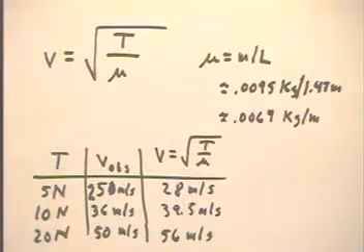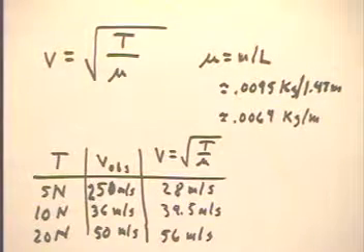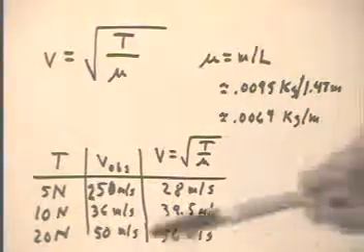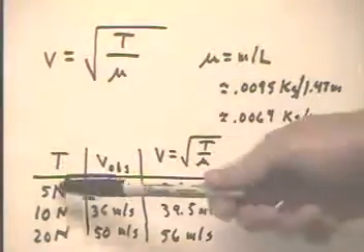The observed velocities were a little bit less than the ideal velocities, and there are some reasons for that. One reason is that the rubber band loses its tension as it sits there stretching the string. So the actual tension might have been just a little bit less than what we estimated here.